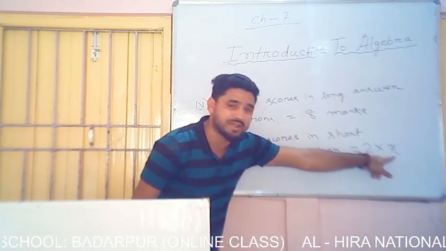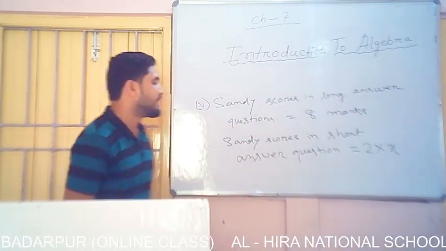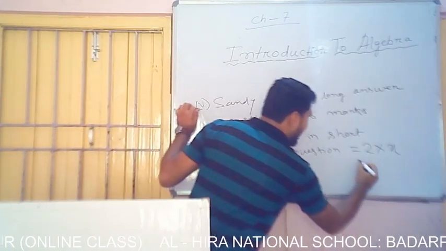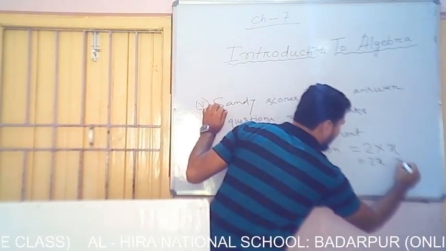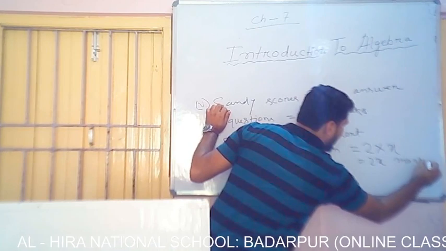So for that reason we have multiplied by 2. So it will become twice x marks.